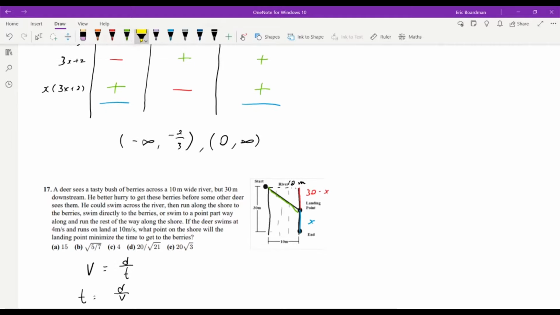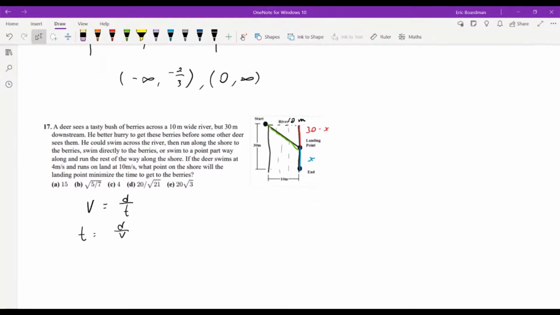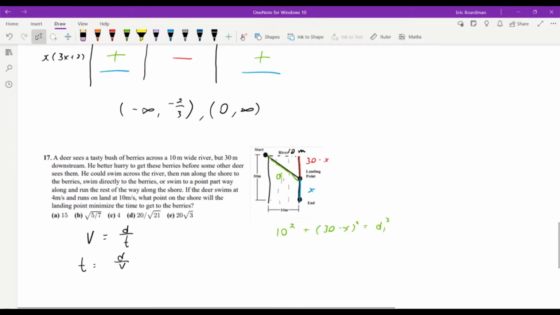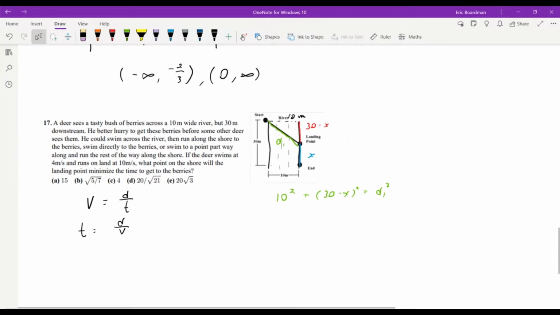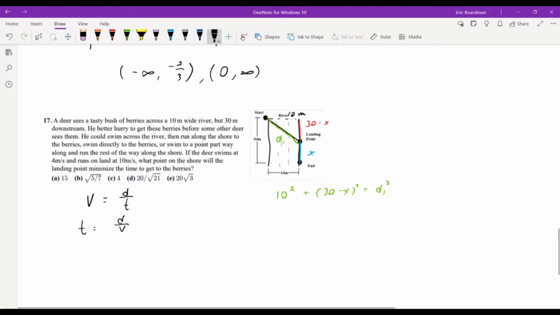And so for this distance that I have in green, we can just use the Pythagorean theorem. We know that one of the side lengths is 10, so 10 squared plus 30 minus x squared is equal to d1, for distance 1. And the other one I'll just call x, because we don't really need to call it d2, since we already have a variable for it. By the way, if you see me make a mistake at any point, just let me know.